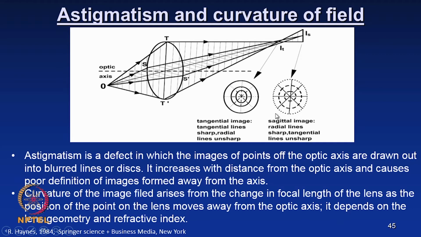On the other hand, if you look at the sagittal image, that is this SS prime plane image, the radial lines are sharp and tangential lines are unsharp. So, the circle of least confusion lies between these two images, and the correction is done once these two circles are brought together, but still the image will be lying on the curvature of the surface.